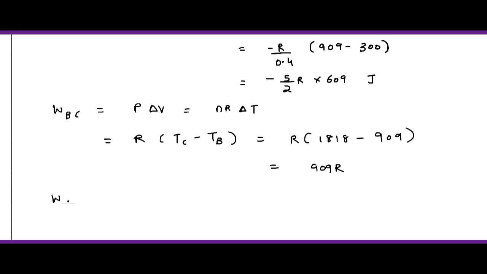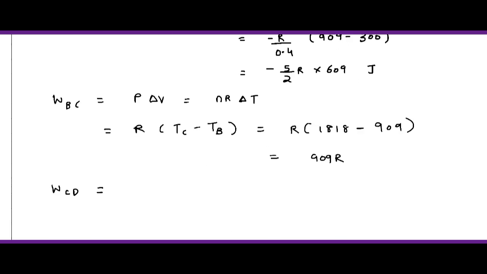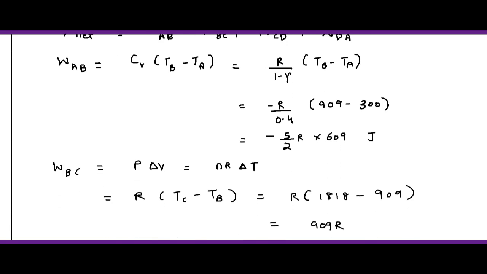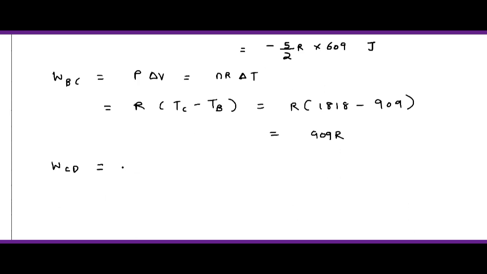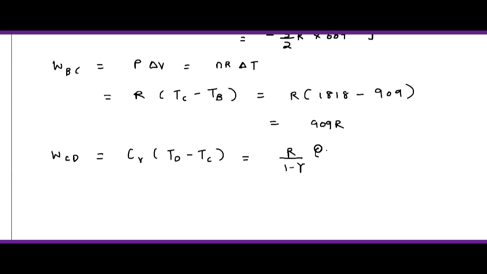Now we have to calculate the work done from C to D. That is again an adiabatic expansion process. So we will be using the formula Cv into Td minus Tc. Instead of Cv, this can be written as R upon 1 minus gamma, times Td minus Tc.